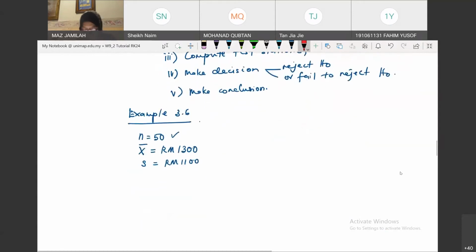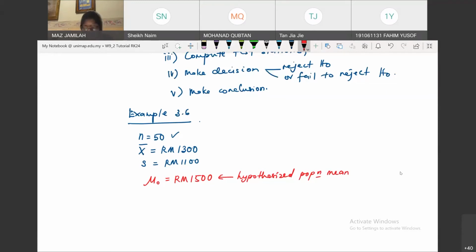So in that case, class, your mu naught is given by RM 1,500. So this is the hypothesized population mean that you need to test, whether the population mean is actually equal to this value or not equal to this value.